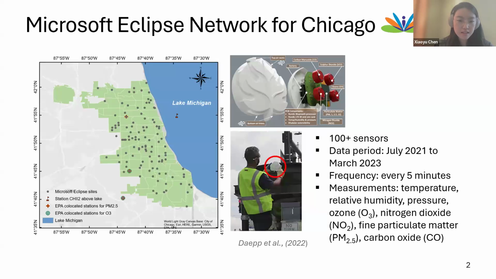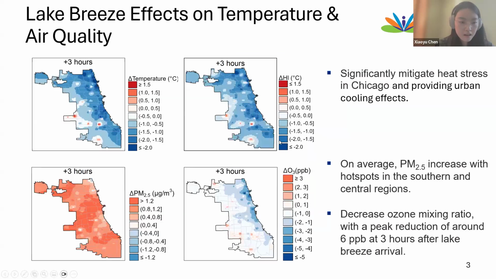Next slide, please. This page shows our result of the lake breeze effects on the several parameters, and it shows the difference of the situation under lake breeze compared to non-lake breeze. The darker blue means the more decreased situation, and the more red means the more increased situation.